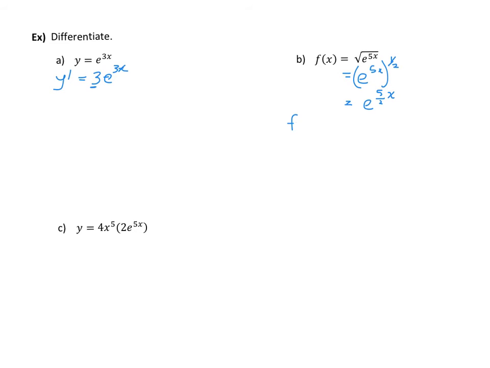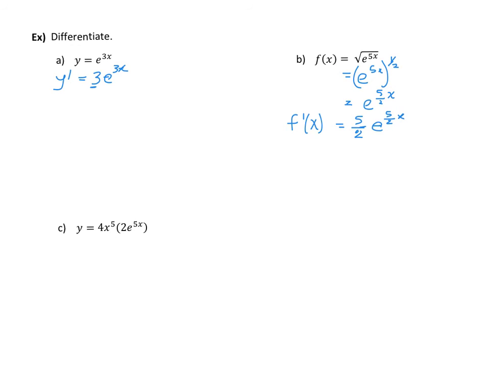So when I take the derivative of e to the exponent 5/2 x, which is itself, I then need to multiply it by the derivative of the exponent. And the derivative of the exponent is just 5/2. So I'm going to have 5/2 times e to the exponent 5/2 x.